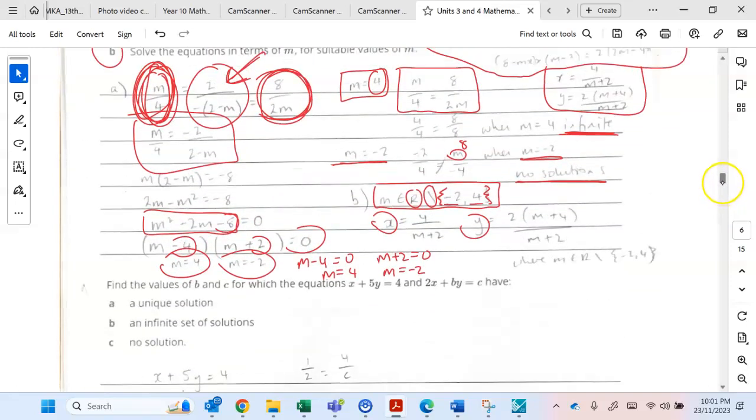All right, so basically your solutions, x equals 4 over m plus 2 and y equals 2 times m plus 4 over m plus 2, but only when m is absolutely any other number except for negative 2 and 4. And when you think about it, if I was to substitute negative 2 into here, I would have a denominator that was 0, so undefined, which cannot happen. And then the 4 gives us, was that our infinite solutions? So, yeah.